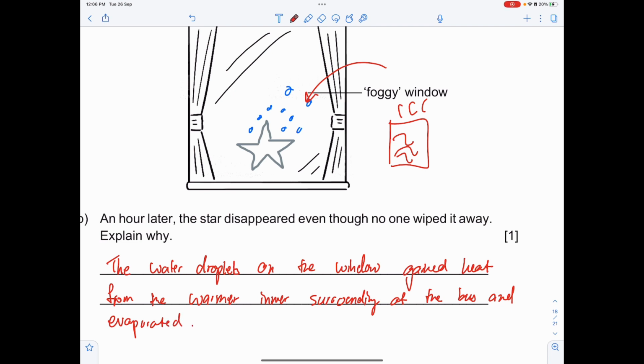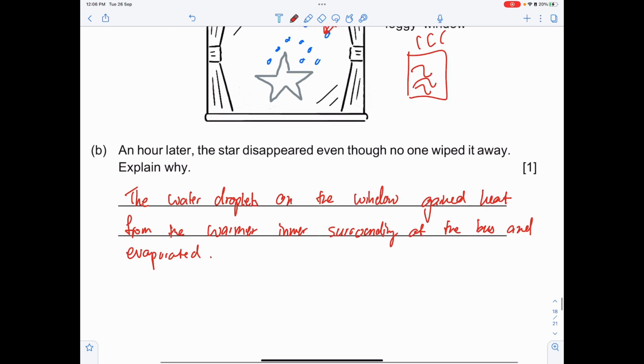So if they tell you that the water droplets have disappeared or anything to that extent, it has to be because they gained heat from the surrounding and evaporated.